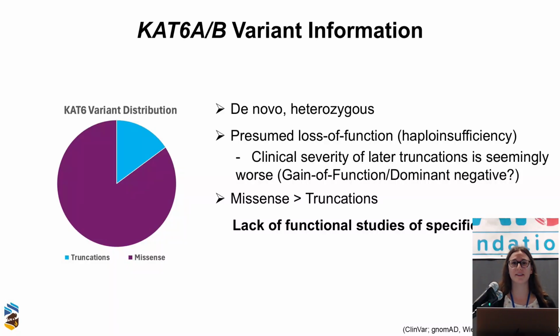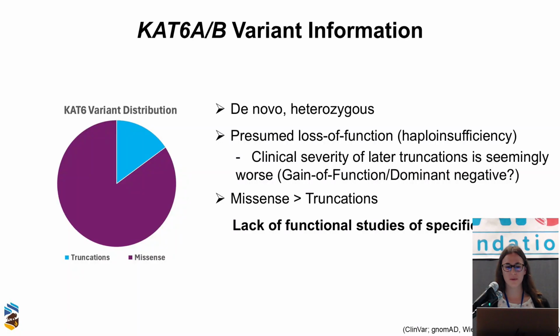What that means is that there are often new changes seen in children, and we all have 2 copies of our KAT6A and KAT6B genes, and one of those copies has a change. It's presumed that the mechanism of disease is loss of function, and so again, that just means that the change in the one copy cannot compensate, and that leads to the disease presentation.